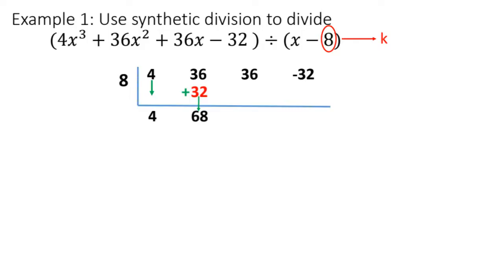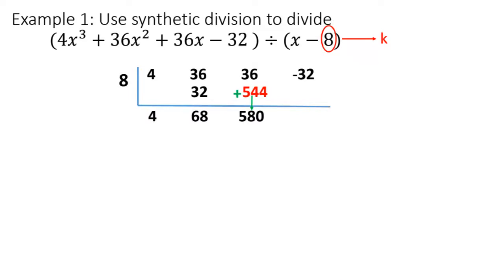Okay. So what is my next step here? In order for me to get the next number, what do I need to do? Any suggestions? Multiply. Okay, so we're going to multiply 8 times 68, and that's going to give us 544. And now we're going to add it to the 36, and we get 580.